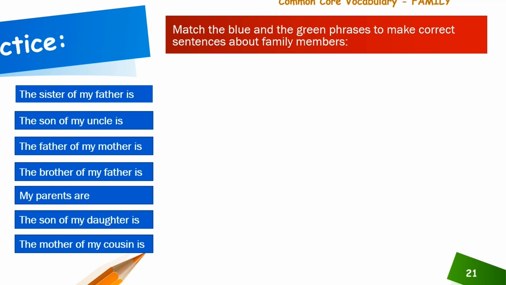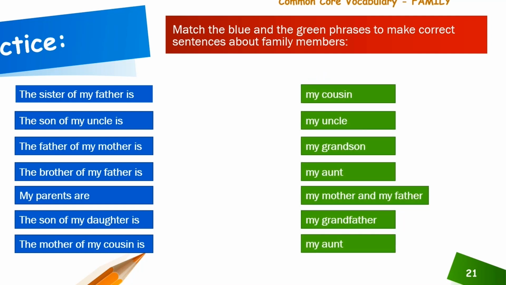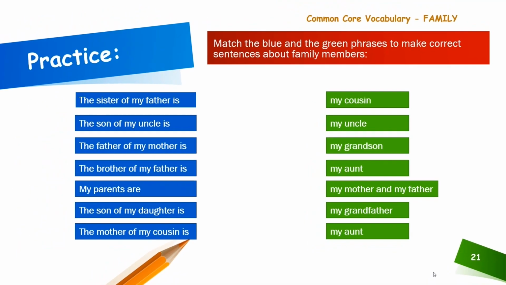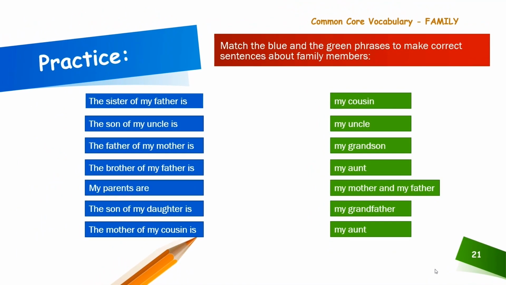So these are the blue phrases, and we should match them with the green ones on the right of the screen. My cousin, my uncle, my grandson, my aunt, my mother and father, my grandfather, my aunt. Take your time and match the green and the blue phrases to make correct sentences about family members.